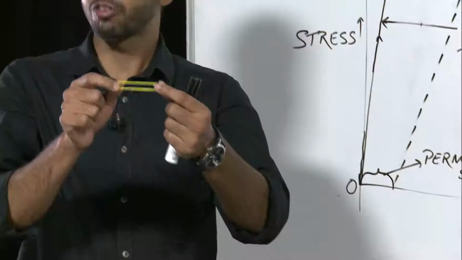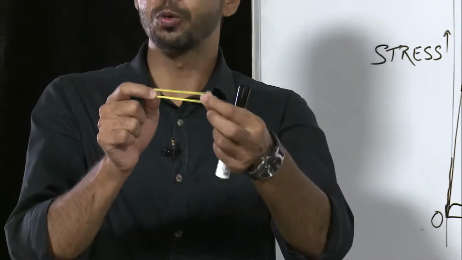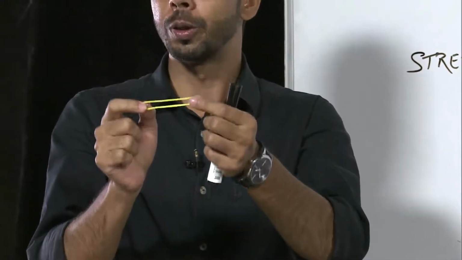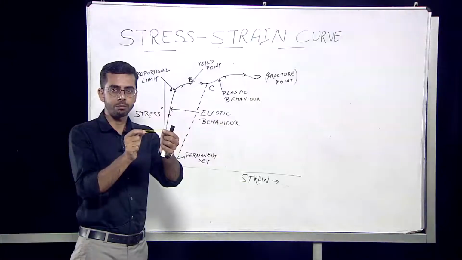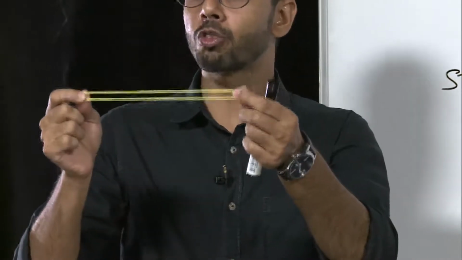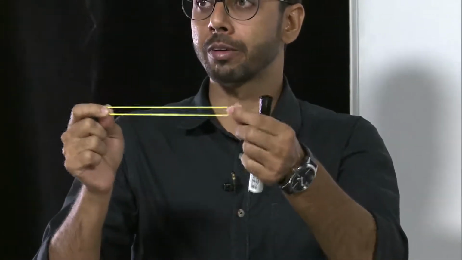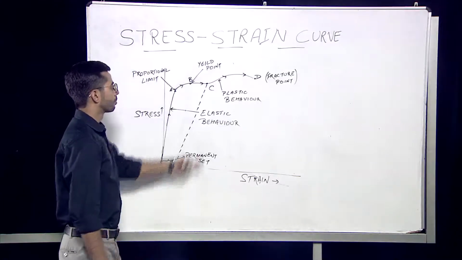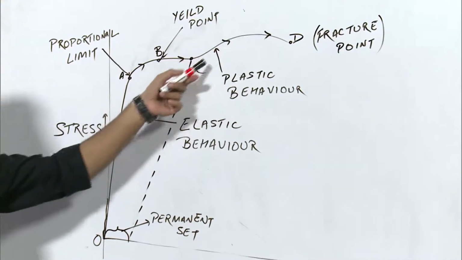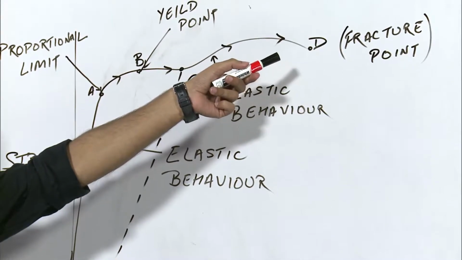It will not return back to its original configuration. After that, if we further apply stress, more strain will arise and it will show plastic behavior. The plastic behavior arises in between C and D, where D signifies the fracture point.